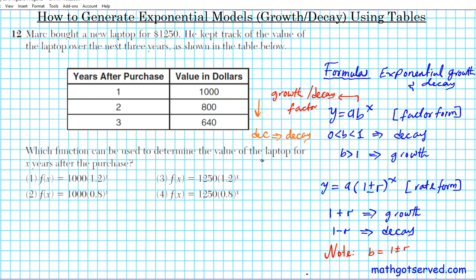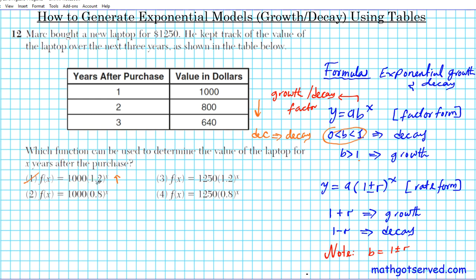So from that alone, we can know that the decay factor has to be between 0 and 1. Okay, so if you look at the options that we have here, option 1, the factor here is going to be a growth factor. This is greater than 1, so this is a growth model. So it cannot be option 1 because of this.